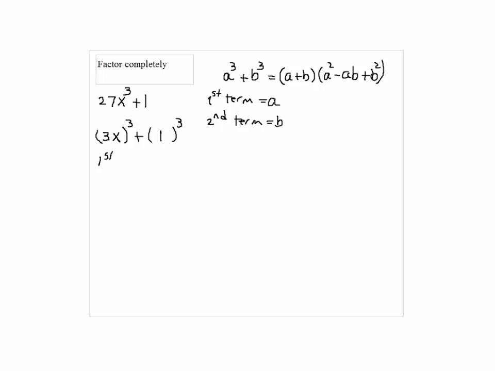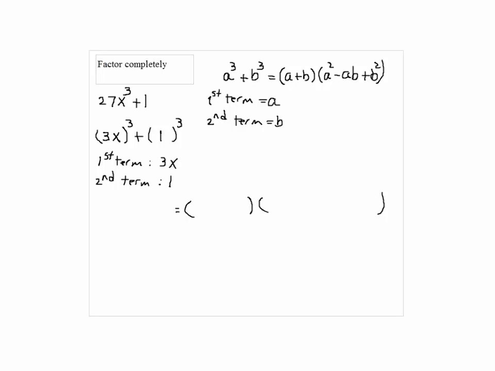For the first term is a, and the second term is b. You have to make this a difference of, or in this case, a sum of cubes. And we can do that by placing 3x here.